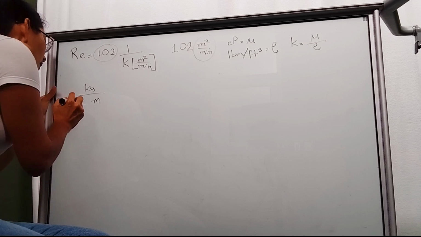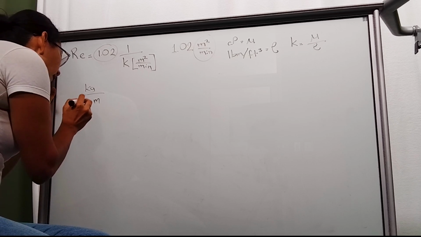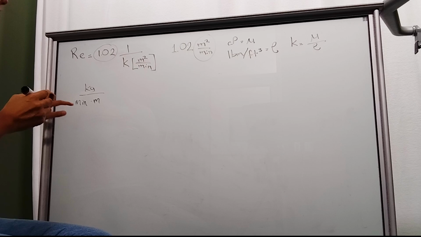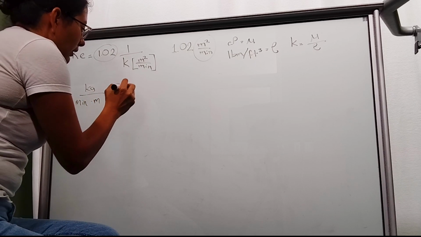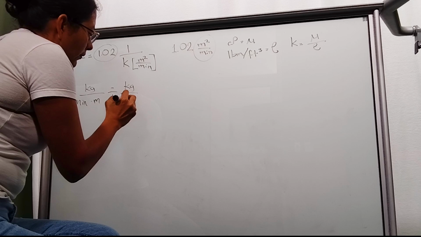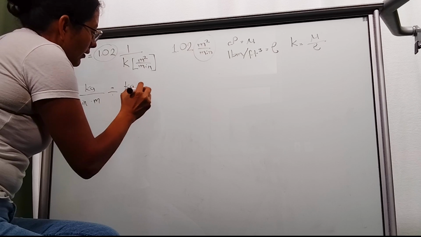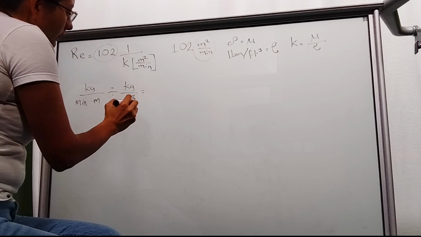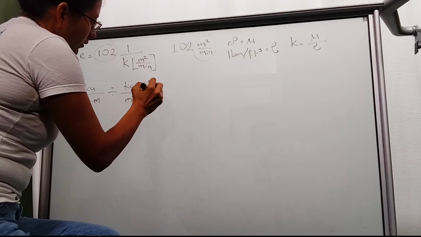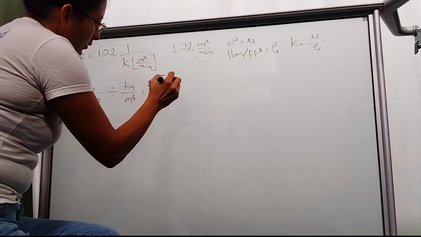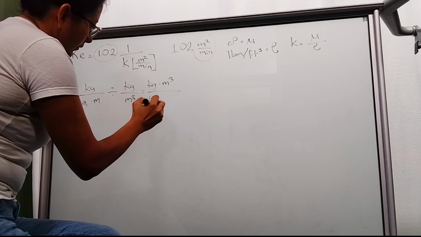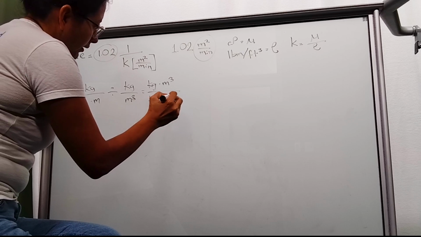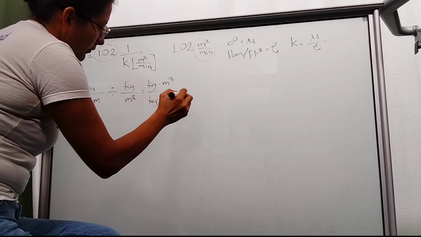units. So assuming that we have kilograms per minute per meter and we divide it by the density, which is kilograms per cubic meter. So kilograms per cubic meter, and here kilograms per meter per minute.